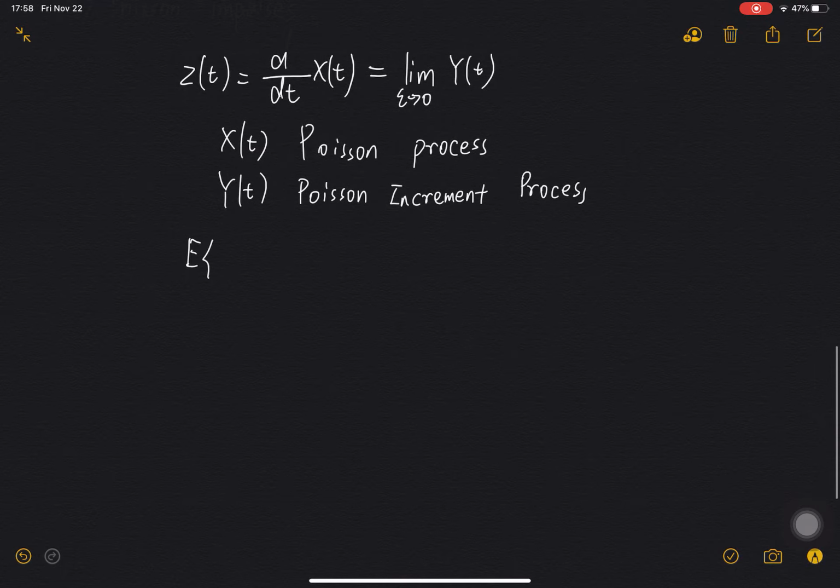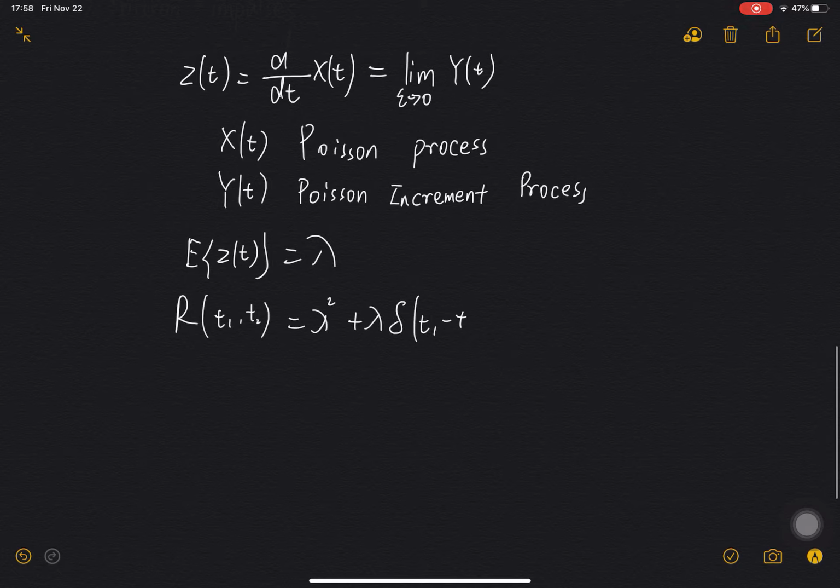The expectation of Z(t) is lambda, the correlation t1, t2 is lambda squared plus lambda delta of t1 minus t2, and the covariance t1, t2 is lambda delta of t1 minus t2.